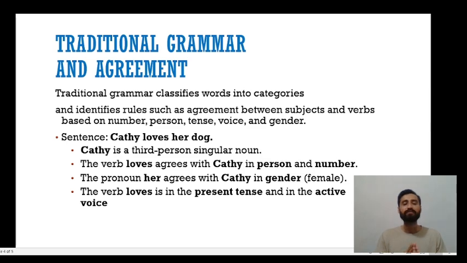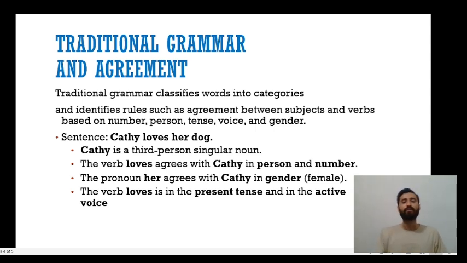The verb loves is in the present tense and in the active voice. So these are the different situations and understandings that we get from a single sentence. Traditional grammar is not only important for understanding, but also to ensure meaningful and purposeful expressions. So that is all about it.